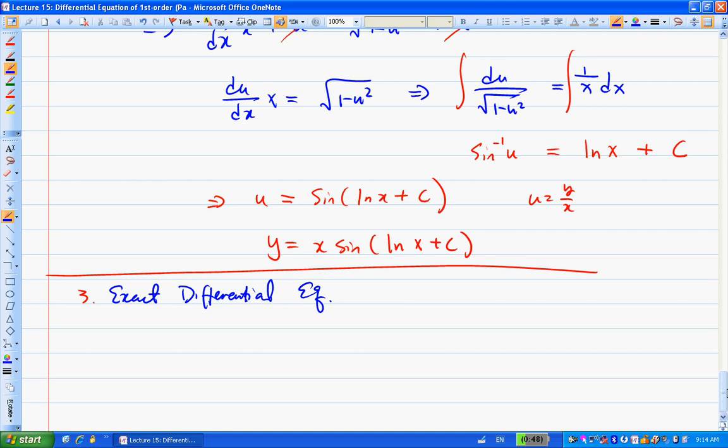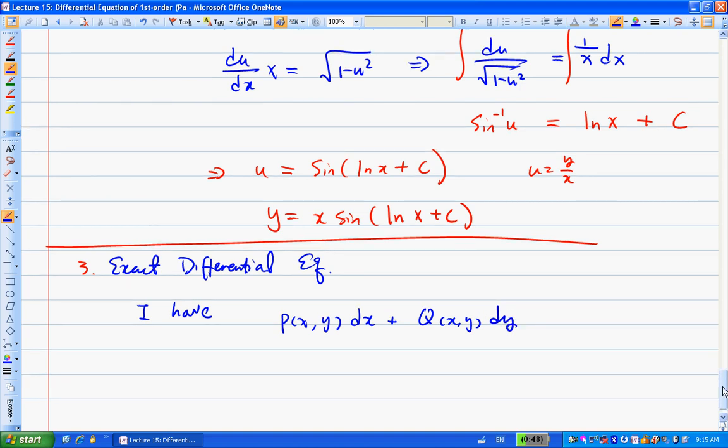Okay. Now, before we talk about exact differential equation, let's talk about what is an exact differential. Let's say I have an expression which is this. Here's an expression. What is this right here?